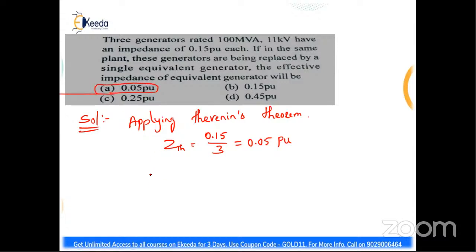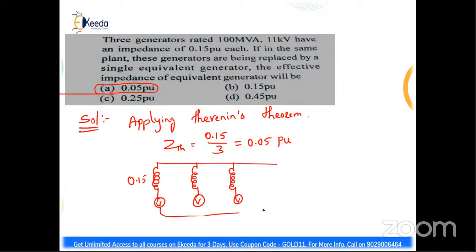See here there are 3 generators. So this is our inductance, and having a voltage. For the 3 generators, this is 0.15.